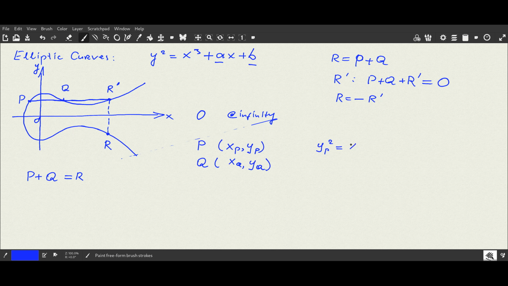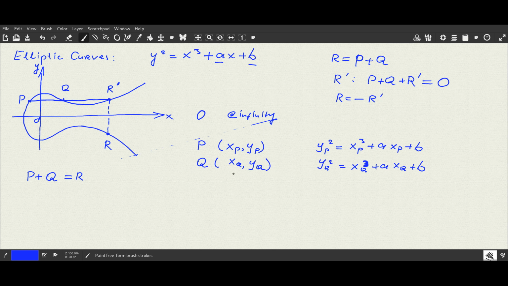And yq squared is xq cubed plus a xq plus b. Cube, not squared, you are right. Xp cubed, xq cubed. All right, thank you.